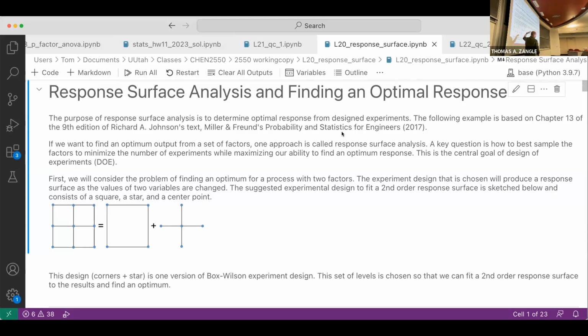Obviously, one thing you could do is just run a number of conditions and choose the one where you see the maximum measured response. But there are two reasons why that might not be the best approach. One is that the points you choose, even if you choose more than just 4 points, may not lie on where the true optimum within that space is.